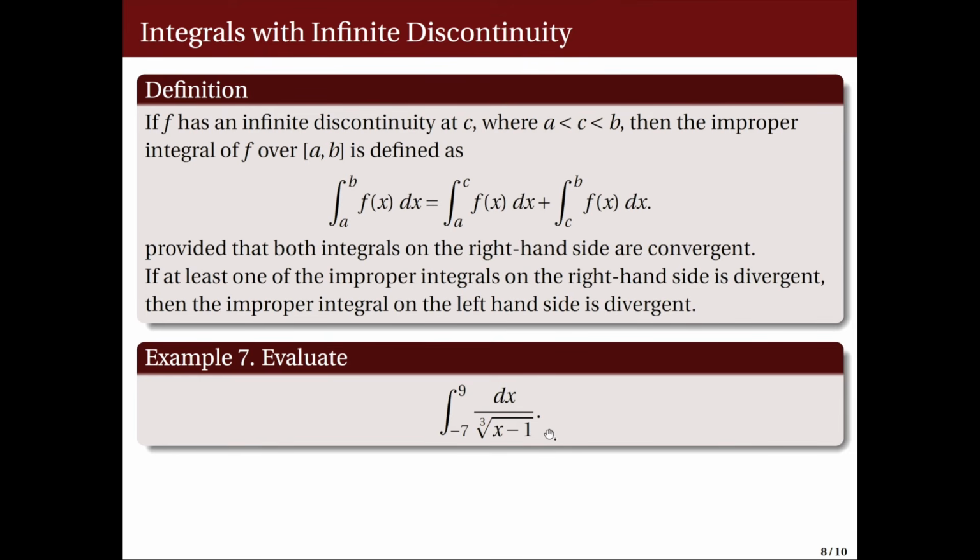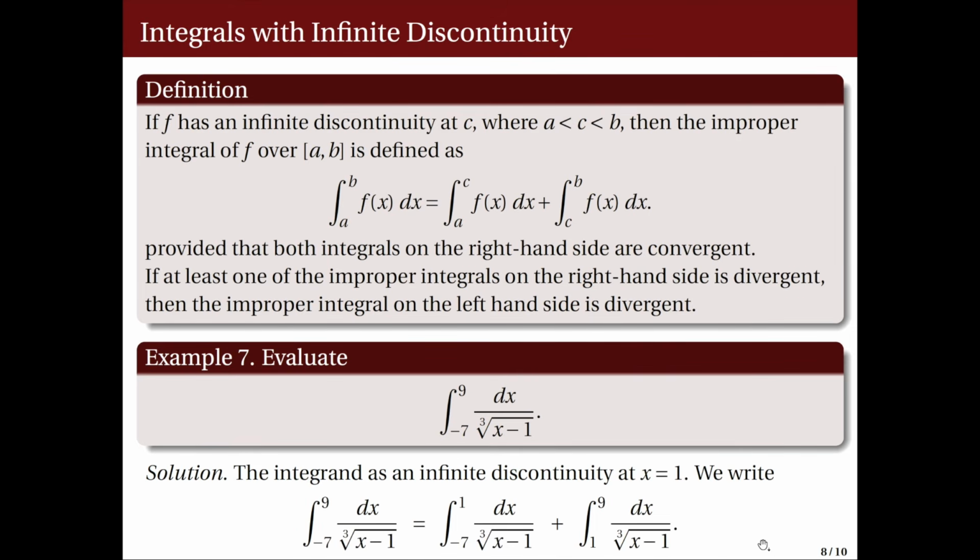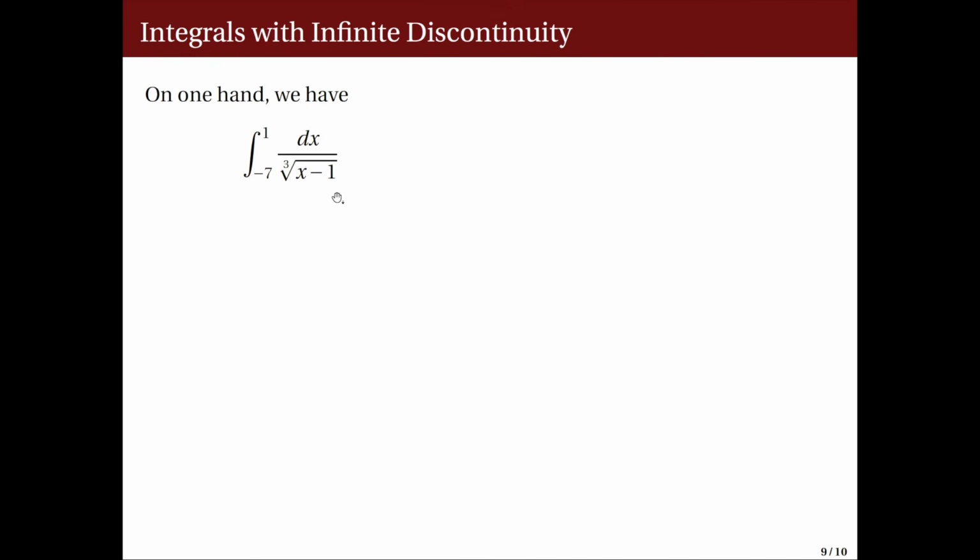And so, we have to partition this as a sum of the integral from negative 7 to 1 and the integral from 1 to 9. Now, all we need to do is to evaluate each of the integrals on the right-hand side if those values exist. So on one hand, we have this improper integral.